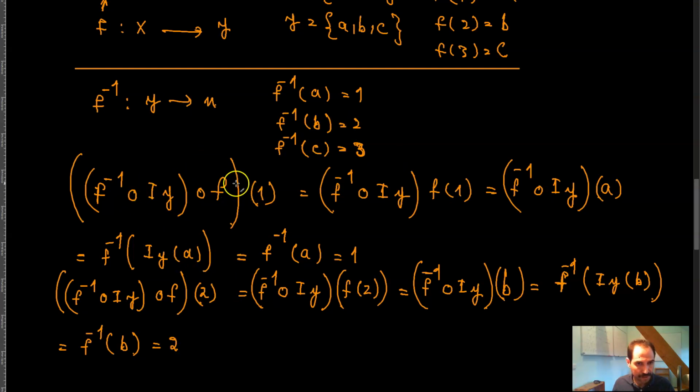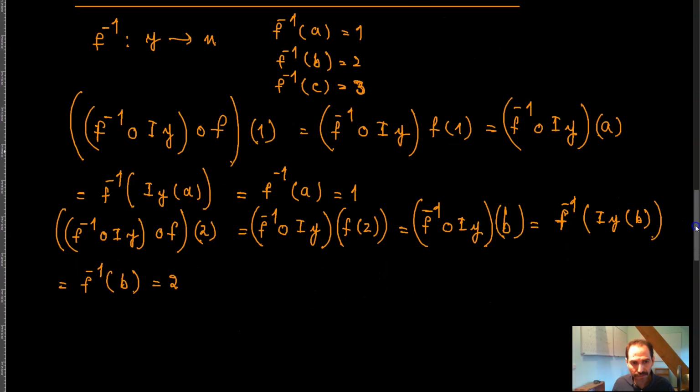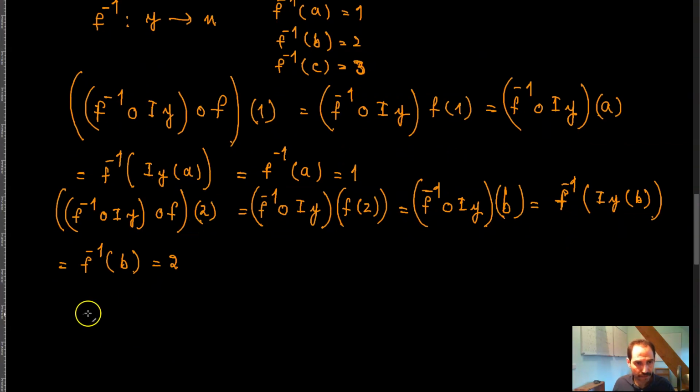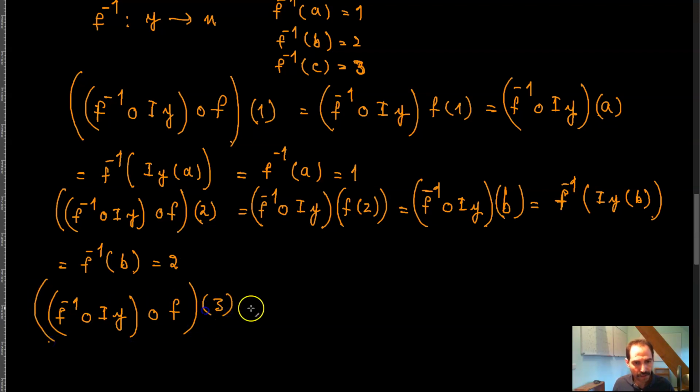Meaning that this whole function, if you enter a 3 over here, if you write f inverse composed with I of y composed with f, and you give it an input 3, it's going to give you a 3.